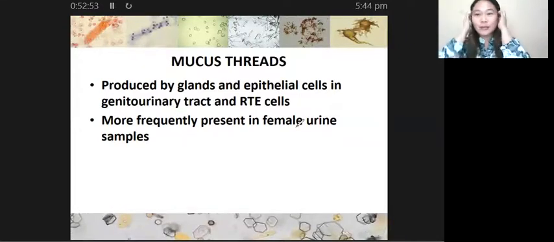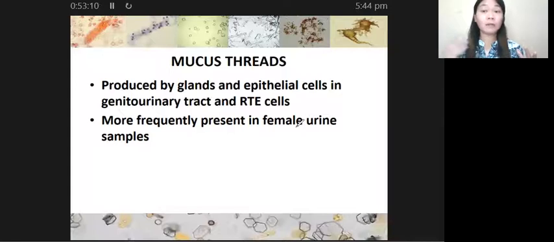Yan usually yung pinag-uusapan din namin in the laboratory, okay? So, pag kunwaring turbid, tinitignan namin yan. Tinitignan namin kung male or female yung ating patient.